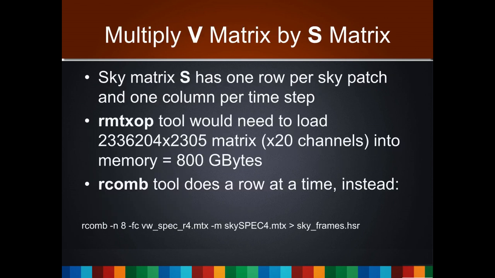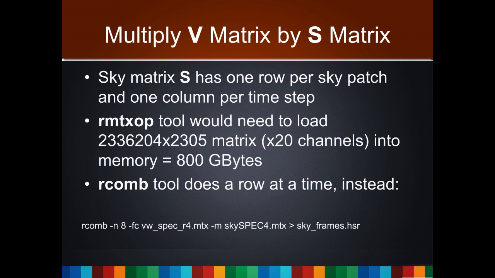So this V matrix gets multiplied by a sky matrix, which has one row per sky patch and one column per time step. And that's the output of gendaymtx.